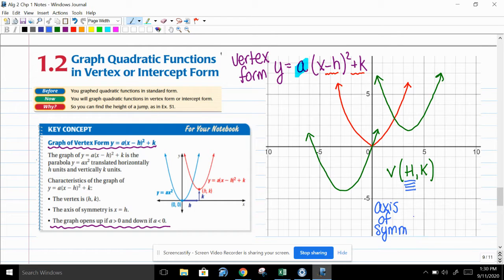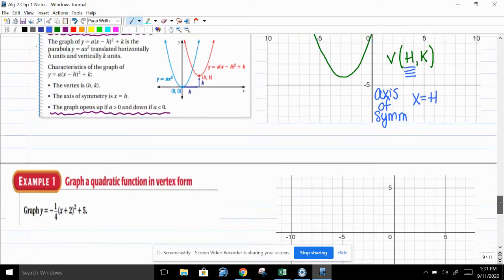So the axis of symmetry is going to be at x equals h. So there are obviously a couple differences, but the execution of this is really not that bad.